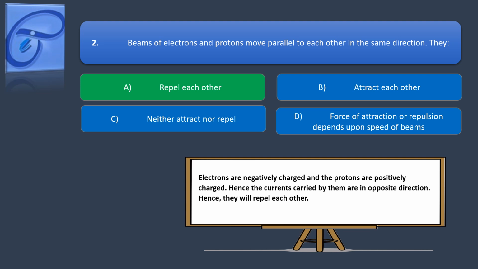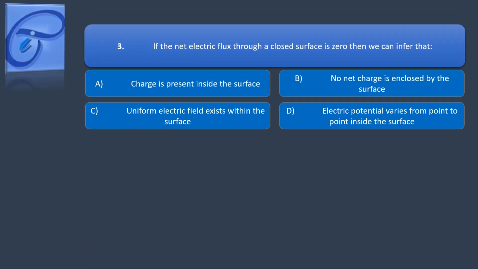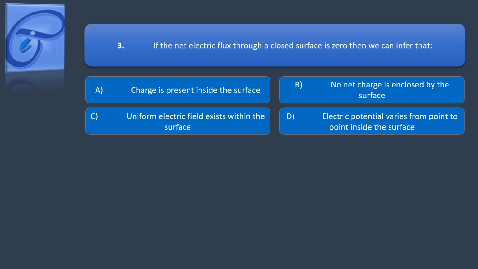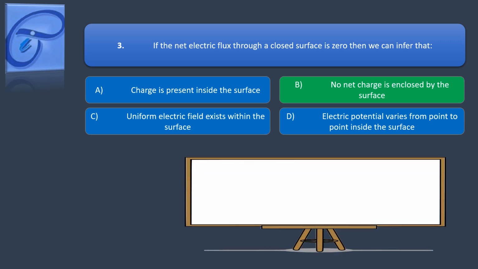Let us go to question number 3. If the net electric flux through a closed surface is 0, then we can infer that... the right option is B, no net charge is enclosed by the surface.